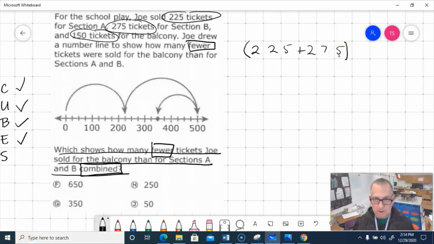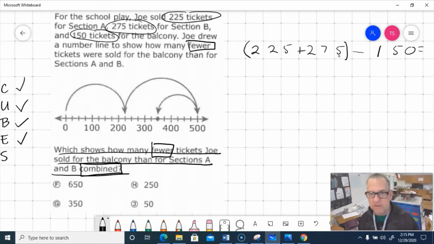The first thing I'm going to need to do is add 225 and 275. And then I want to know how many fewer tickets were sold, so I'm going to subtract the 150 balcony tickets. That should tell me how many fewer tickets there are.